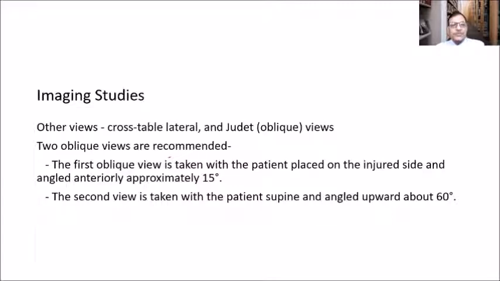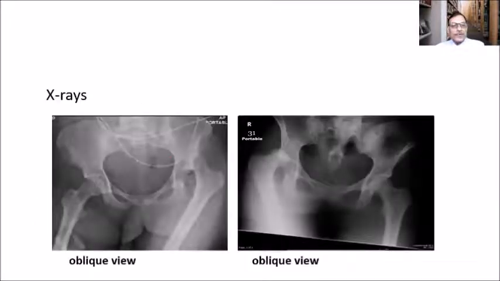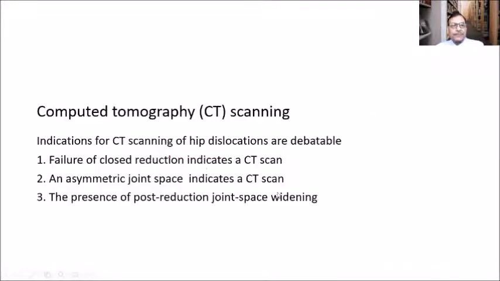And the second view is taken with the patient supine and angled upward about 60 degrees. So this is the X-ray you take. This is the oblique view. So almost the whole neck, and clearly you can see the head out of the acetabulum.